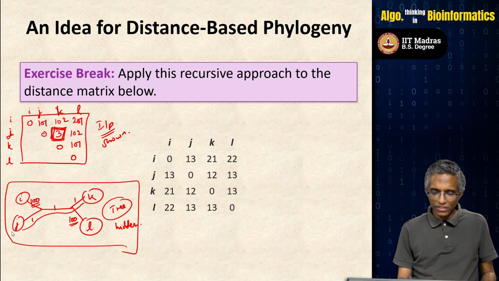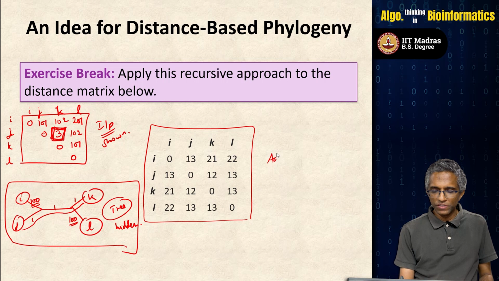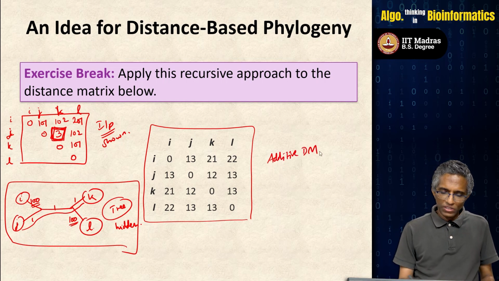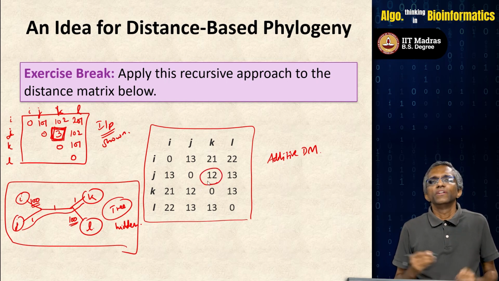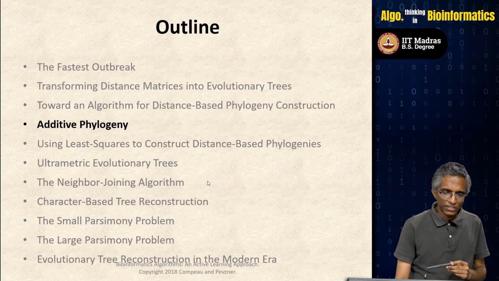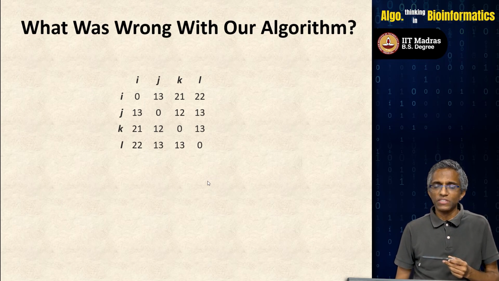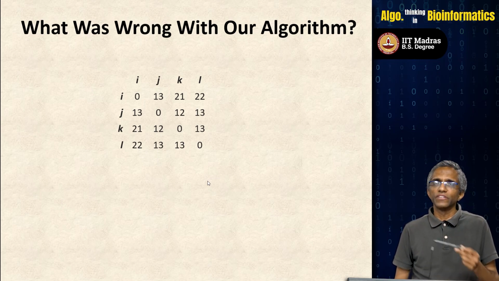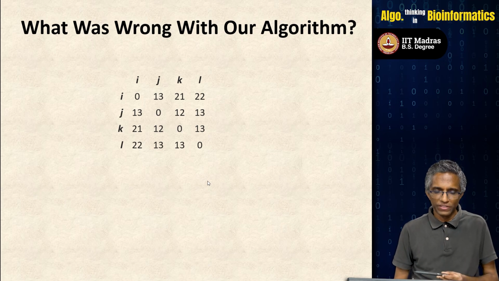Okay. And this is another distance matrix, this is an additive distance matrix, where the smallest entry is this j and k, right, but j and k will not be cherries in the tree that fits this additive distance matrix. Okay. Let us just look at that. So, here is our algorithm, and applied to this distance matrix you would not have obtained a tree that fits this distance matrix, because our algorithm, or this idea of choosing the smallest entry as our cherry, is wrong for this matrix.